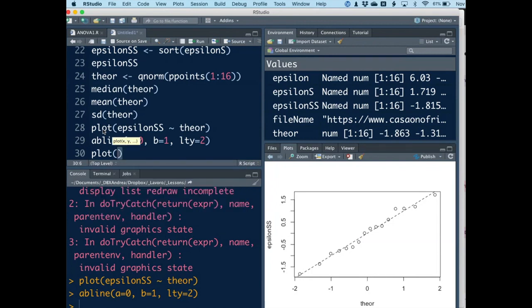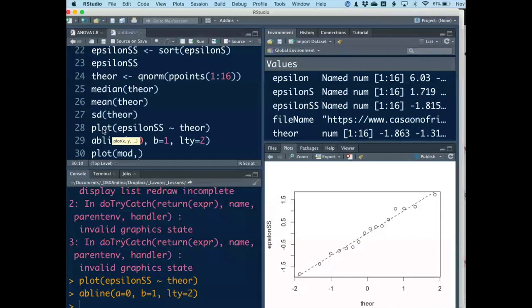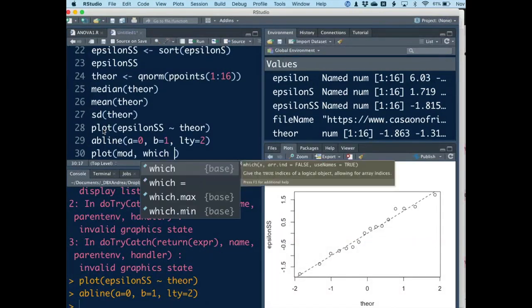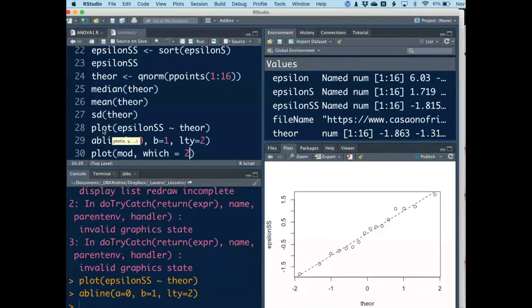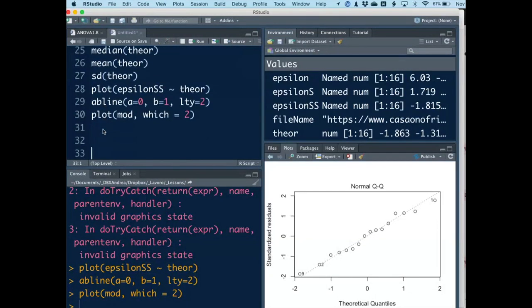We pass the model object and say which equal 2. Before it was which equal 1. Now plot mod which equal 2, and we get the same graph. And that's quick. So let's make a first stop.